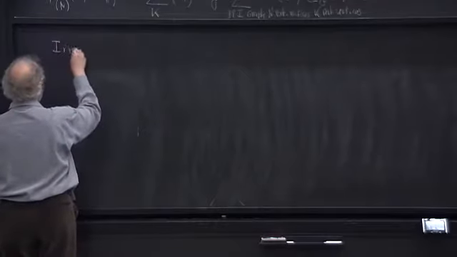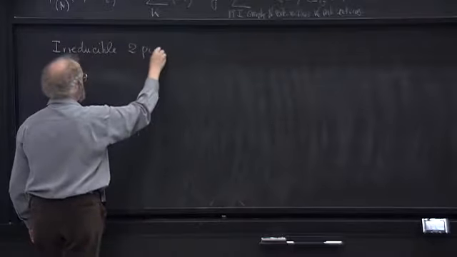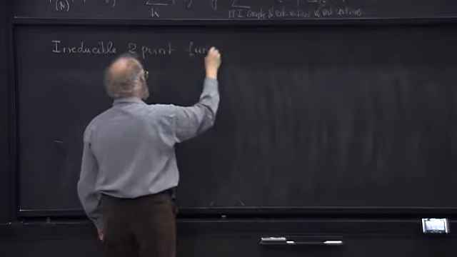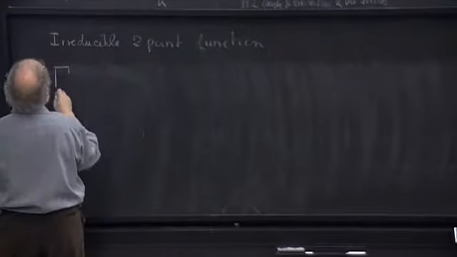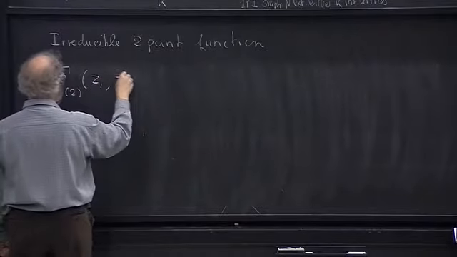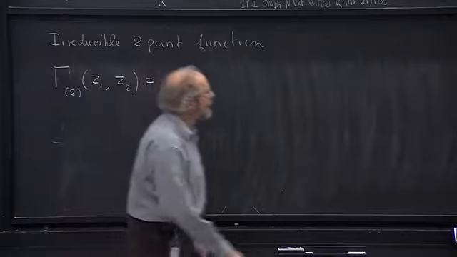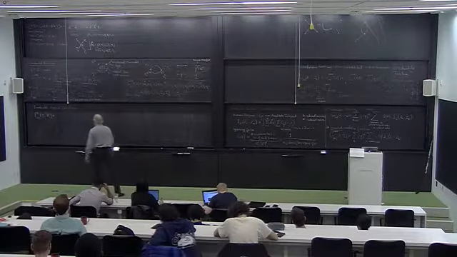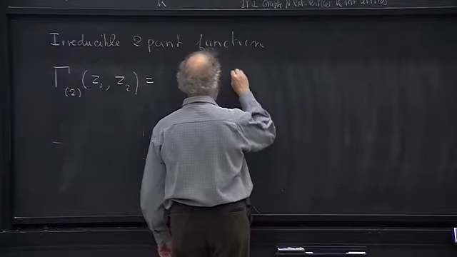What I'm going to call gamma 2 of Z1, Z2 is going to be the sum of the irreducible diagrams. So what is the irreducible diagram? There is an irreducible diagram which is just obtained by this one.